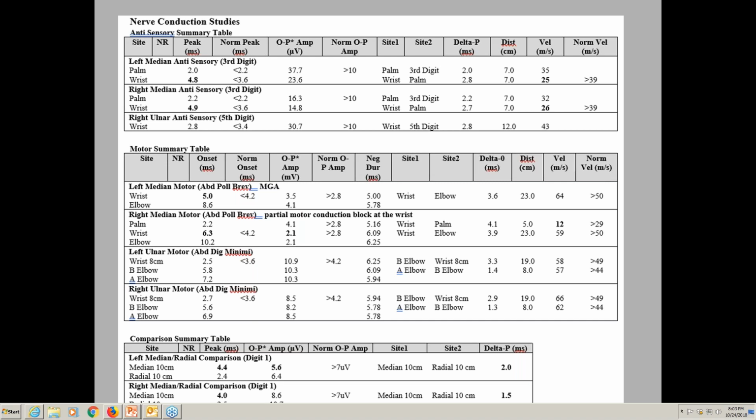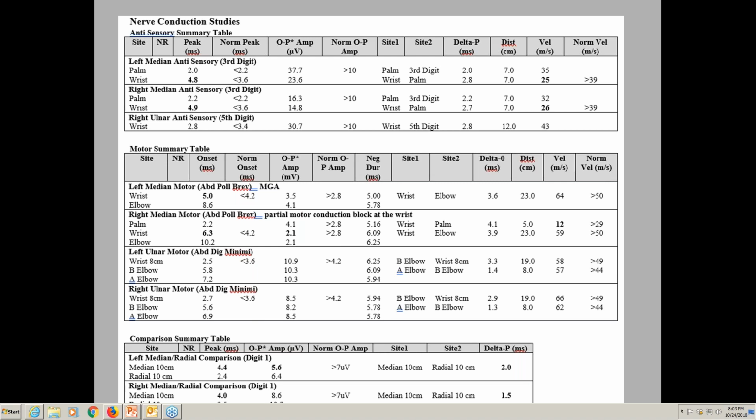So to shore that up a little bit, if Brooks was writing it, what would he say? The right median motor nerve exhibits prolonged latency, reduced amplitude, and slowed nerve conduction velocity at the wrist.